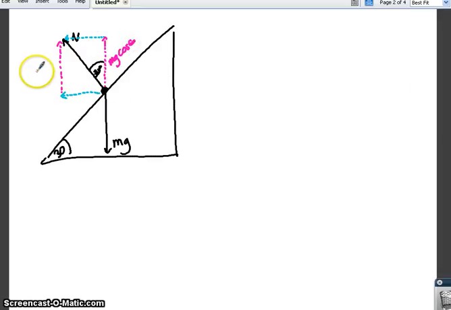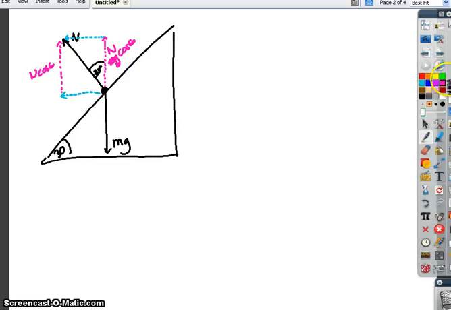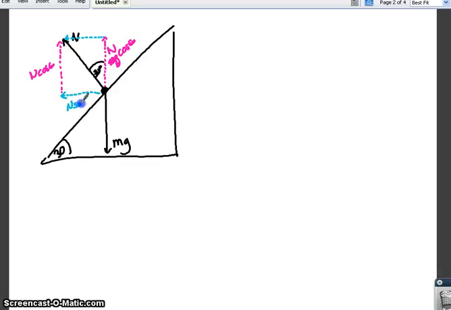These are the same, so this is n cosine theta. And that means that this piece right here is n sine theta, which is the same as this up here, n sine theta. So our centripetal force is n sine theta.